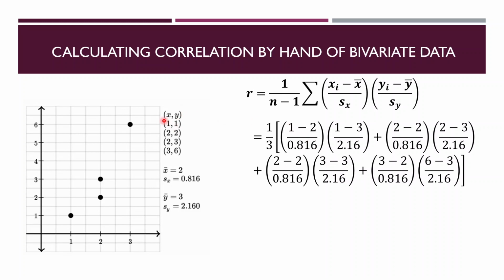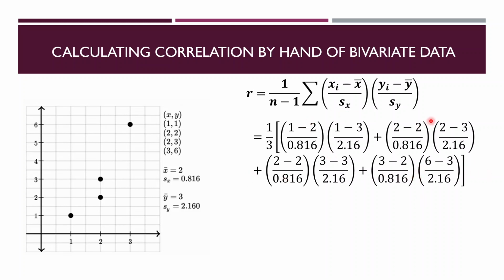So x1 minus the mean, which is 2, divided by the standard deviation, which is 0.816, times y1 minus the mean of y, which is 3, divided by the standard deviation, which is 2.160, plus the next term, x2 minus 2 divided by the standard deviation, times y2, 2 minus 3, divided by the standard deviation. And that's how you do all the calculations.